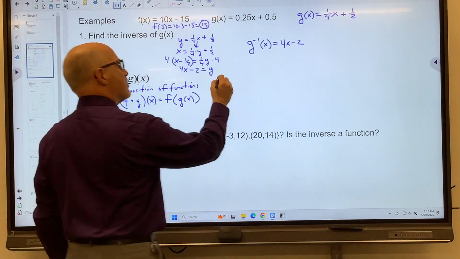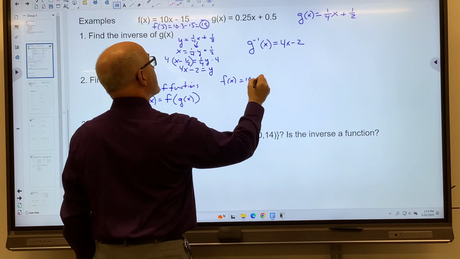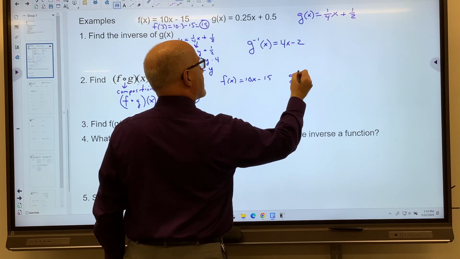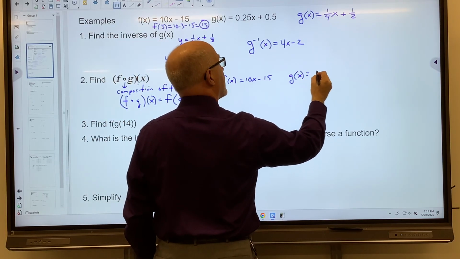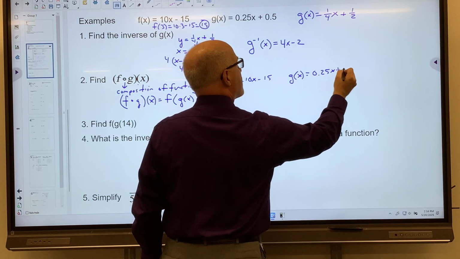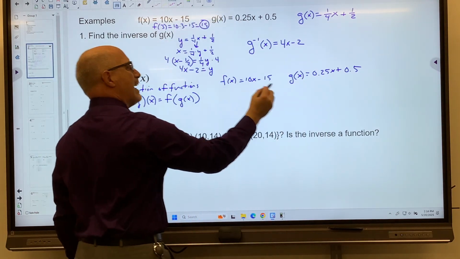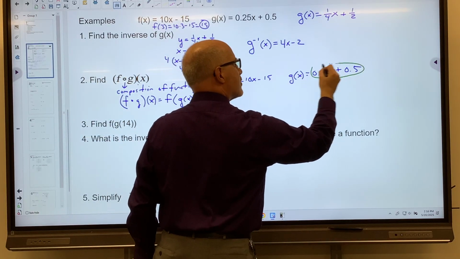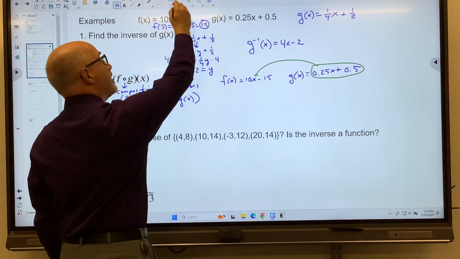So if I list the two functions, f of x equals 10x minus 15, and g of x, I'm going to go ahead and use this form just because you can use either one, is 0.25x plus 0.5. What we're going to do is take the thing on the inside, take this function and put it in for x in the other function.